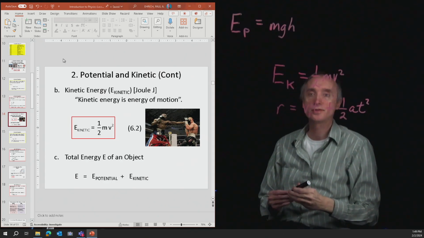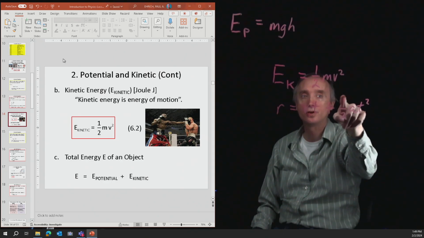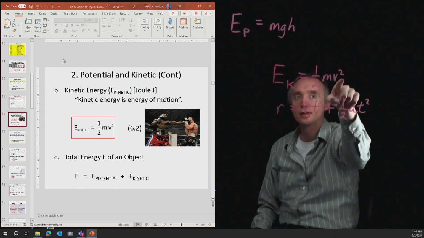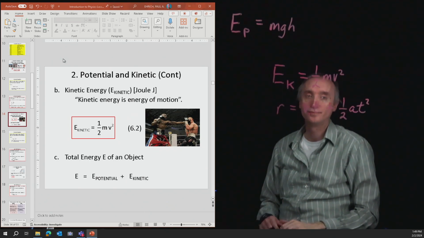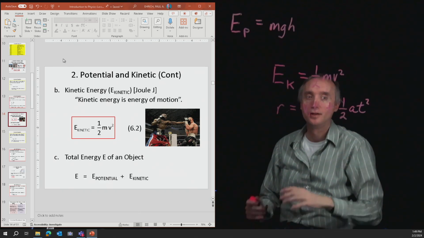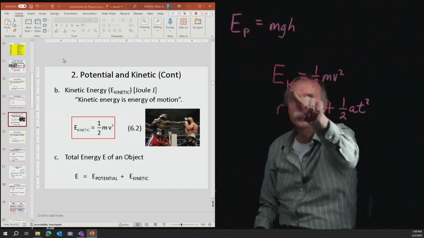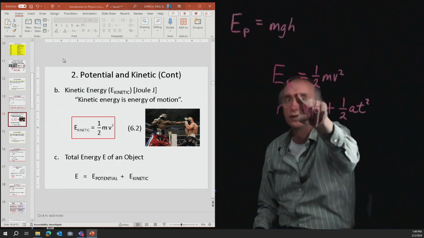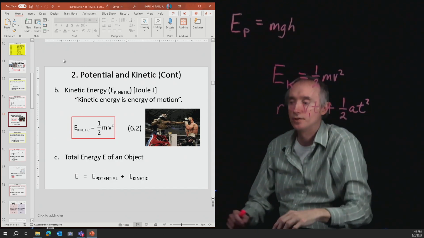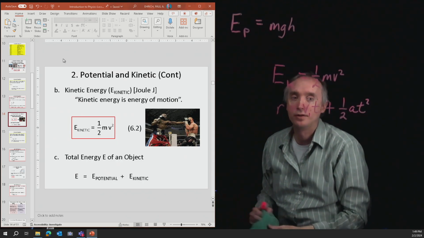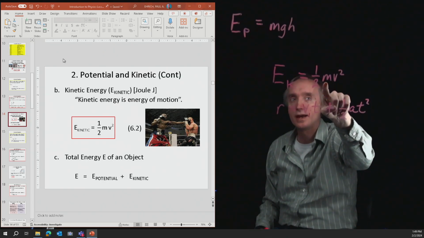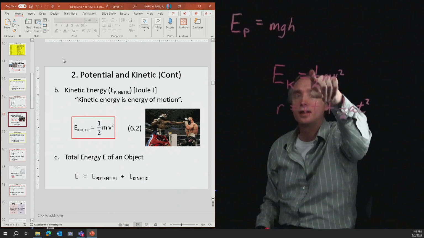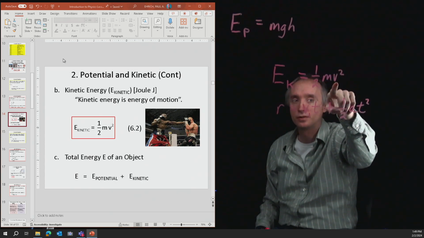Do you notice that this has the same look to it as this thing up here? It's because of the calculus, so let's not worry about that. The main thing is, this is the formula for kinetic energy. Notice that it depends on two things: the mass of the object and how fast it is going.